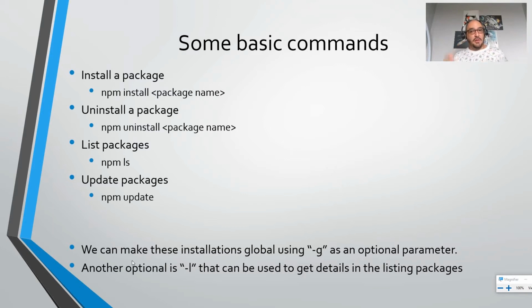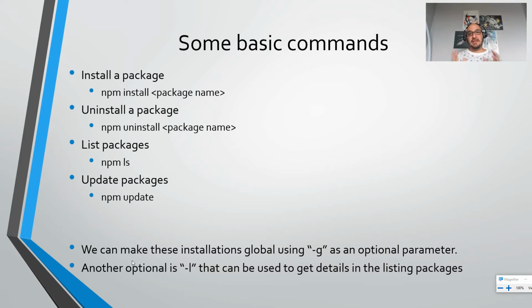Now, if it's not global, then it means that it's local. So if I open a particular folder and in that folder I run npm install a package name, that package is going to be installed to be used only in that folder. And that's the difference between a global installation and a local installation. So they both still happen locally on your computer, but if it's a global installation, it's going to be available across the whole computer.